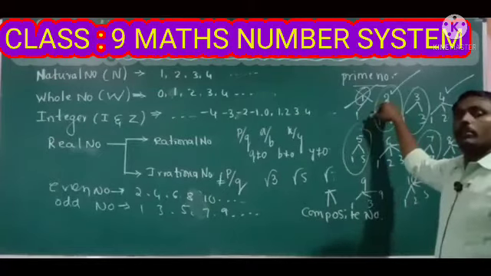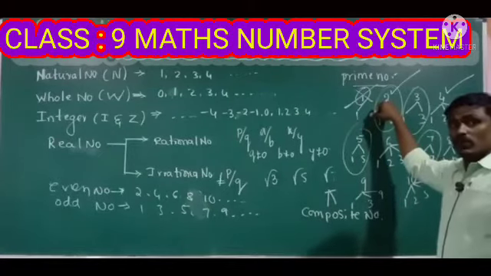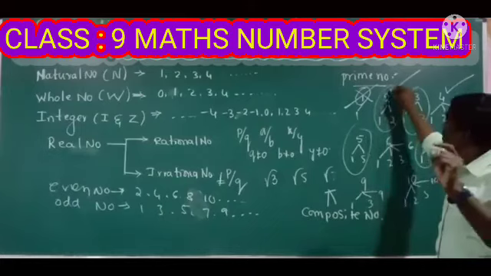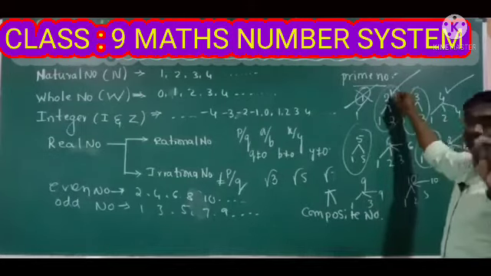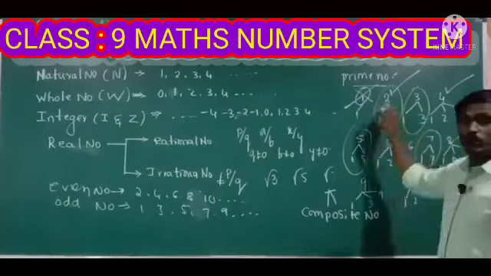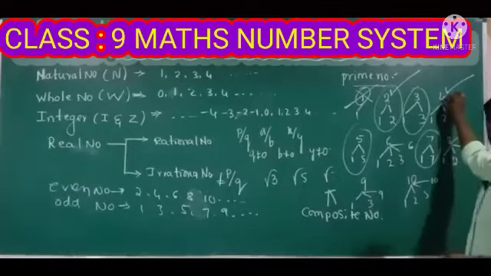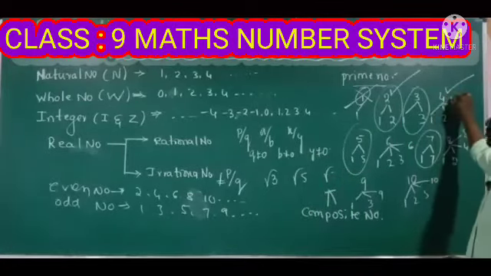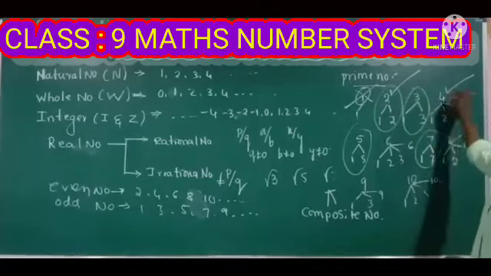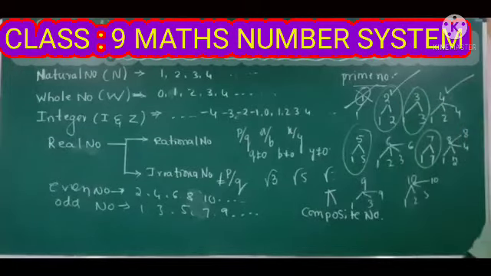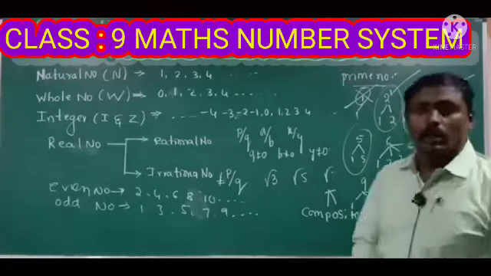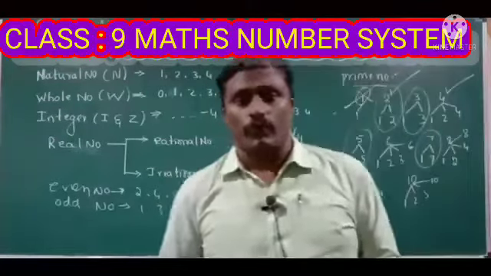If you are writing prime numbers, 2 is the only number which is even as well as prime. Other than 2 we cannot get any even prime numbers, right? So 2 is the smallest prime number, 4 is the smallest composite number. All the composite numbers have more than 2 factors.